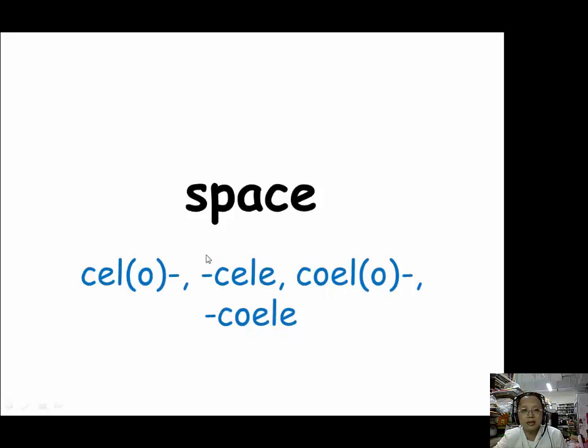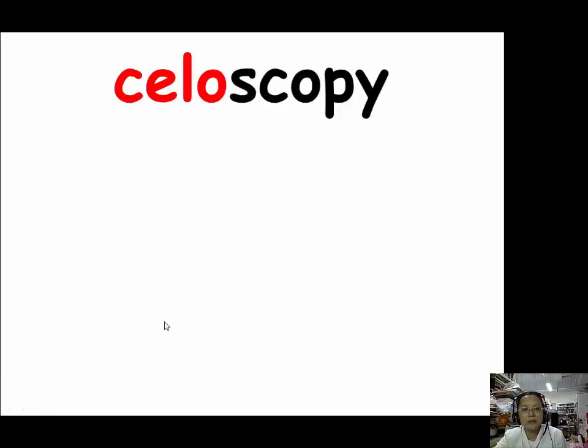For space, we could use any of these 4 of them. For the prefix, we have celo, C-E-L-O, and the C-O-E-L-O. And for the suffix, we have cele, C-E-L-E, or C-O-E-L-E. Let's see our example.